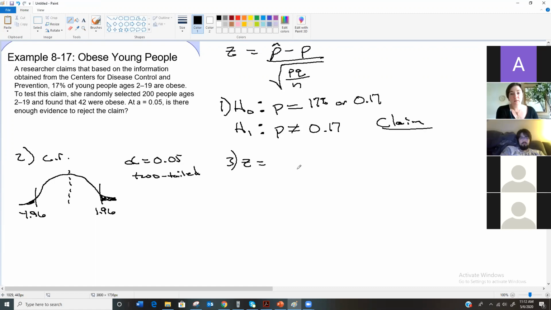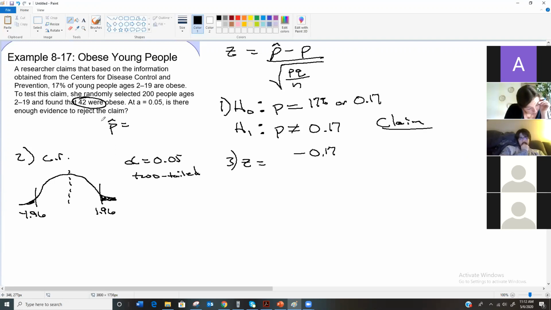We don't put that in the formula. 0.17? Is it the 42? The 0.17 is the p. Okay. We're going to use the 42. They actually don't give you what p hat is. You have to calculate it. Is it 0.83 or 83%? Mm-mm. No.